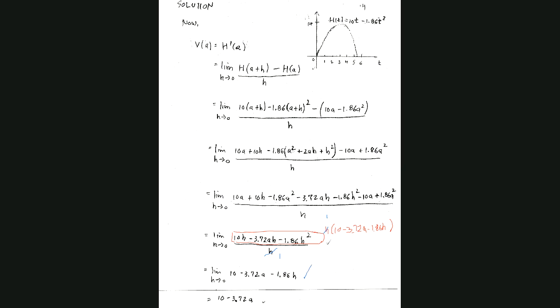And then of course we let h go to 0, and what's going to be left? As h goes to 0, what happens to this last term here? It goes to 0, and you're left with 10 minus 3.72a. All right, that is equal to your f prime of a.